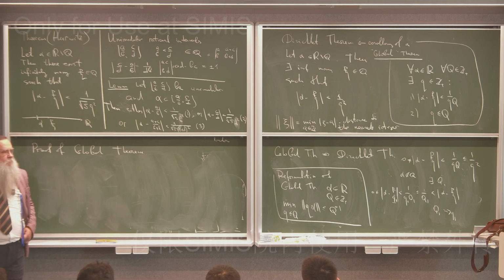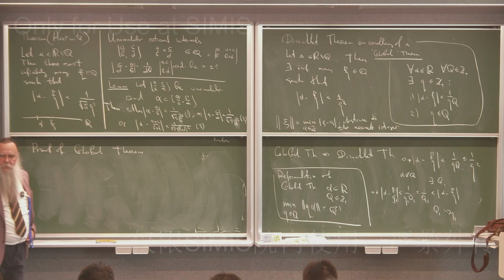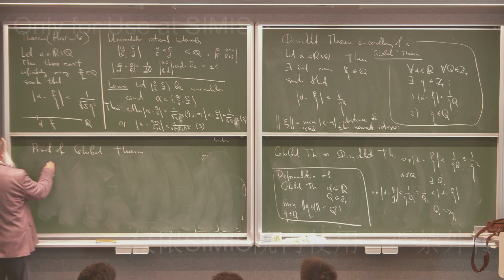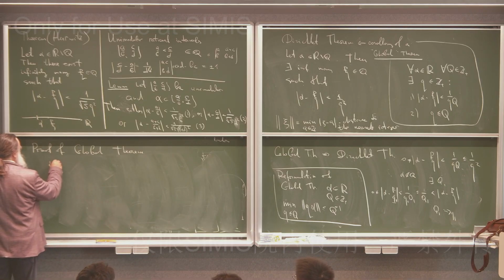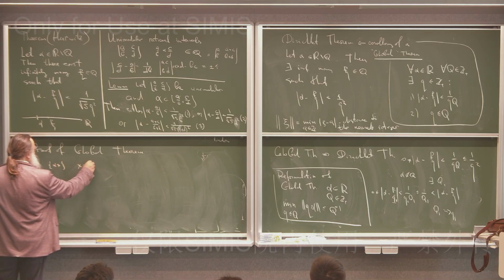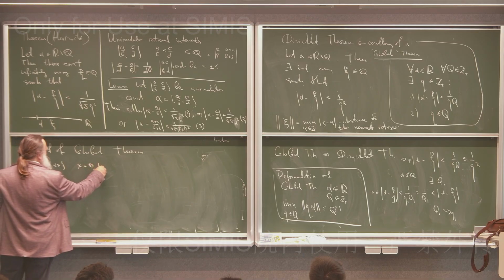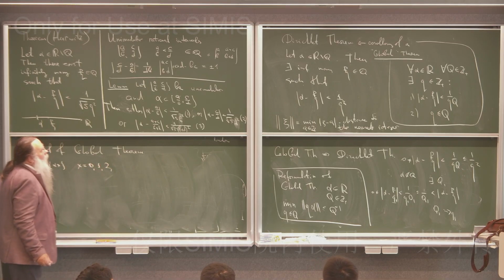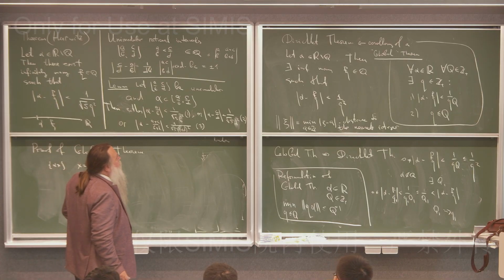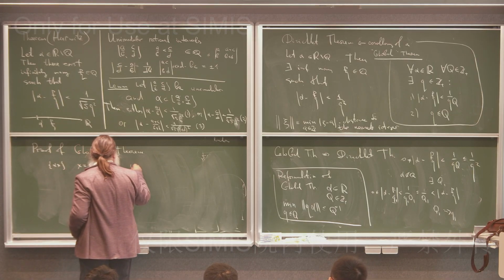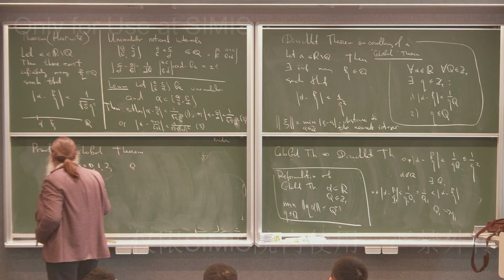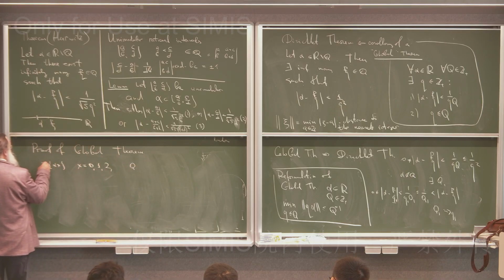Well, okay, Dirichlet means the pigeonhole principle. So we consider the fractional parts of alpha x, where x is equal to 0, 1, 2, up to Q. All these fractional parts belong to the interval [0, 1).